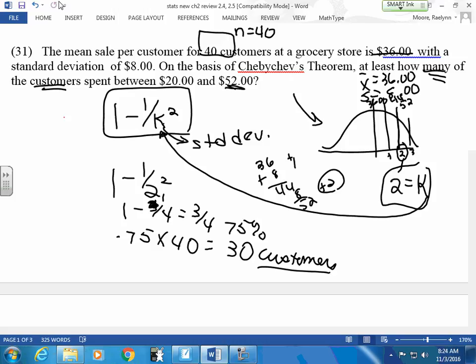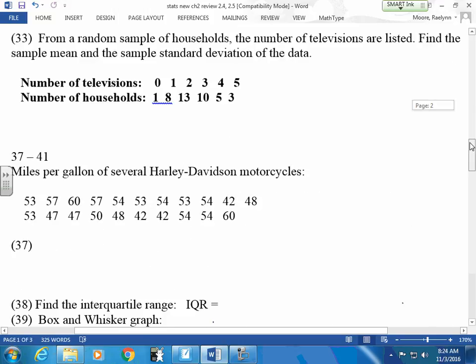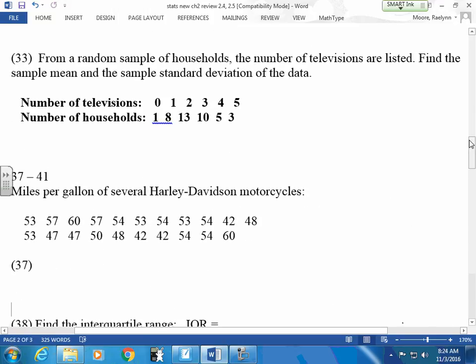Number 33 is a little different, and I'm just going to hit it briefly with you. Number 33 says, from a random sample of households. So I know I have a sample, so I know I'm looking for a mean and sample standard deviation. Find the mean and the sample standard deviation.